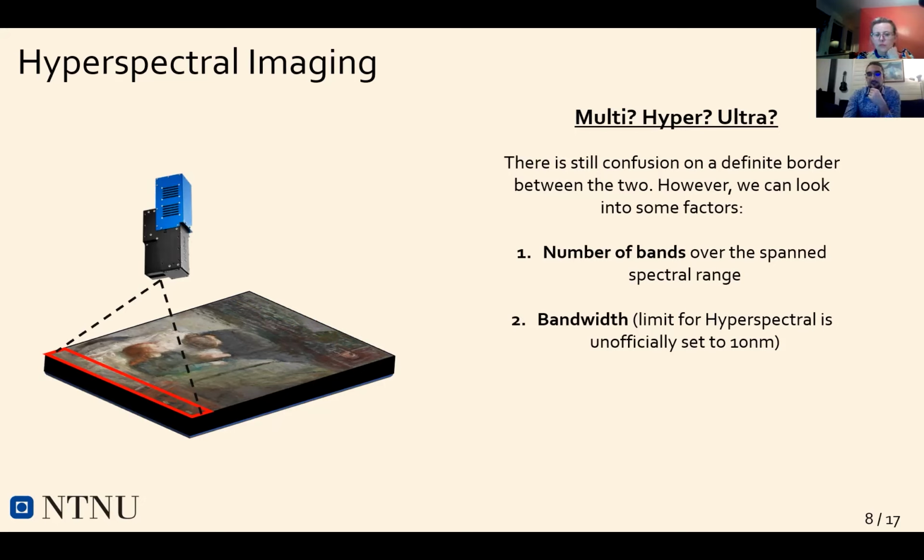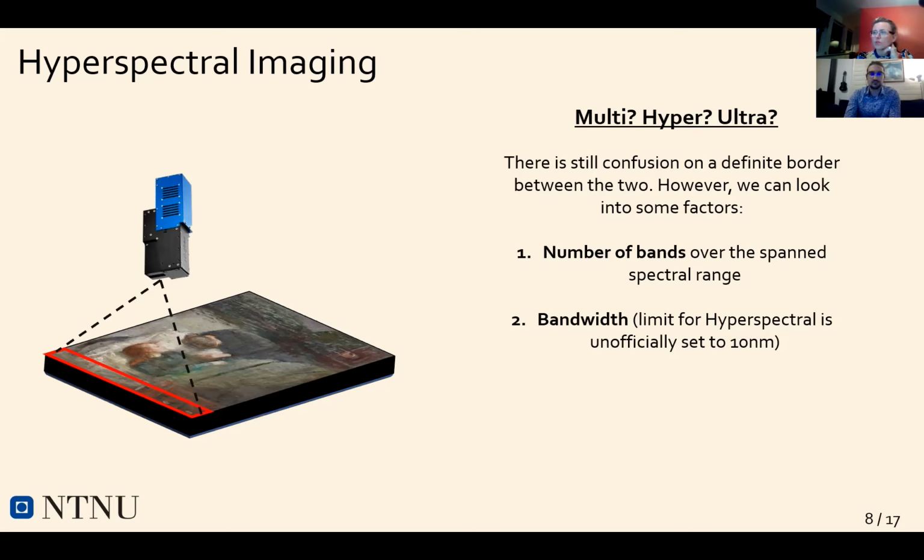And there is an unofficial limit that is set to 10 nanometers, for which we will call an image hyperspectral. So practically speaking, if we have a camera that is looking into the visible range, if we have around 20 channels, 20 bands, then we will start probably to talk about hyperspectral imaging.